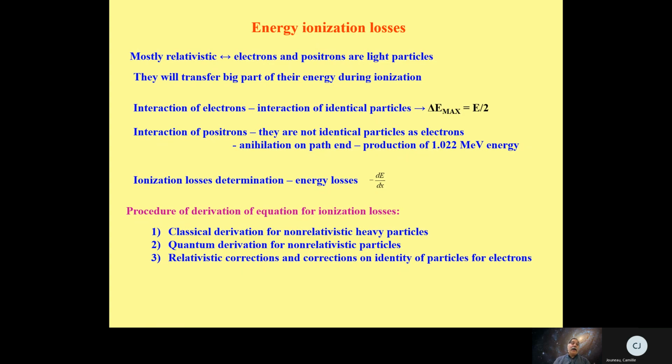And a very special case is the electron. If you have interaction of an electron with an electron in the atomic cloud, in the end you have two electrons, and they are quantum objects. That means it is not possible to distinguish between these two electrons. It is not possible for you to know which electron is which, which is the primary and which is the secondary, which was in this atom.